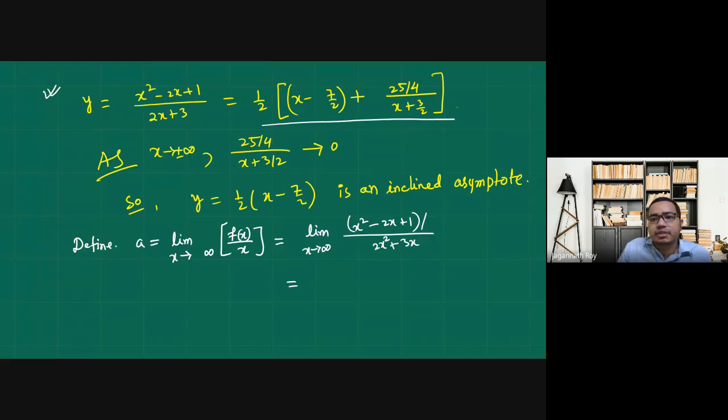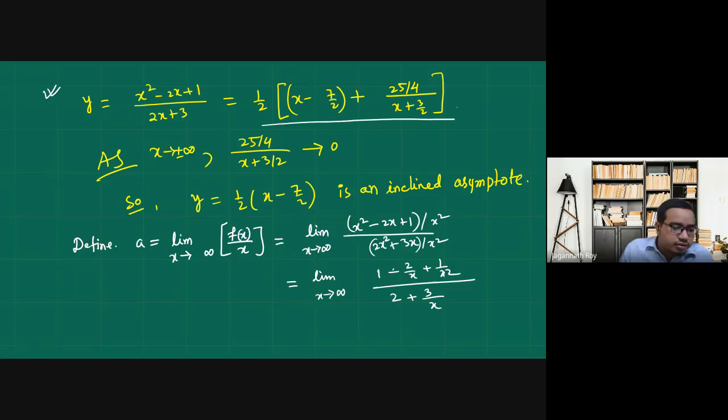If you divide by x square, you get the limit as x goes to infinity of 1 minus 2 by x plus 1 by x square, over 2 plus 3 by x.